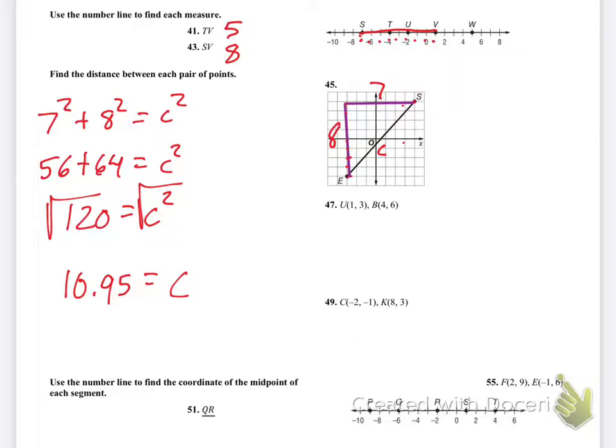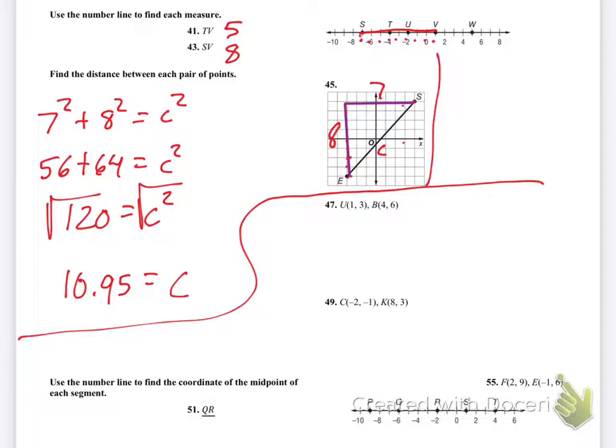All right, so we know the distance formula. So if I'm done with the graphing part, we know that the distance formula is going to be the square root of x2 minus x1 squared plus y2 minus y1 squared.